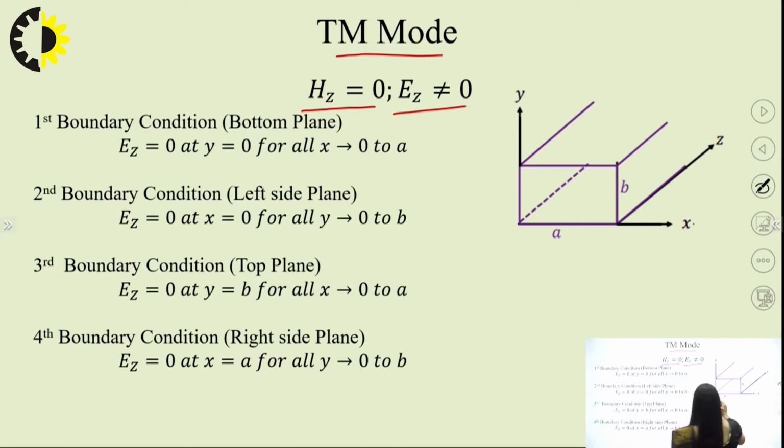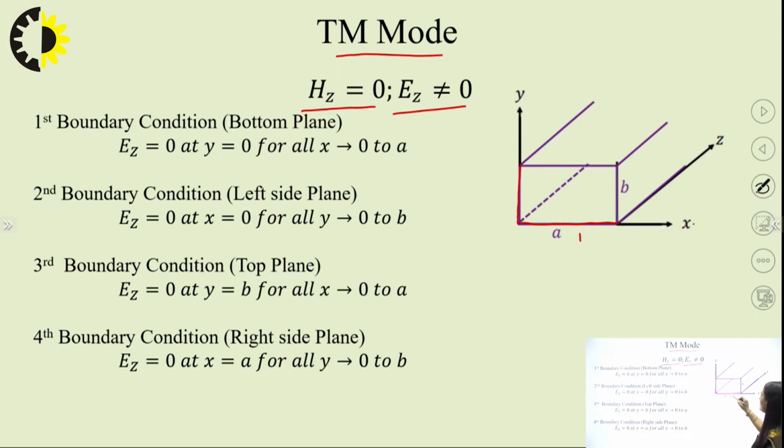So see here, Ez is 0 at y equal to 0 for all values of x ranging from 0 to a. This is the first boundary. Second boundary, Ez is 0 at x equal to 0 and y varies from 0 to b.